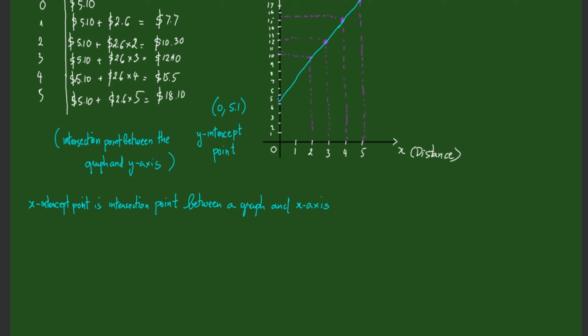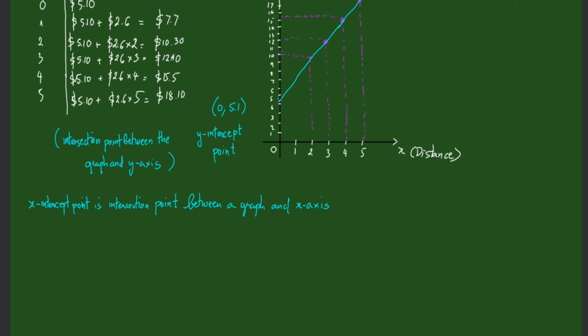Alright. Now what if I want to find the rate of change of this data, this graph? How do we find the rate of change? In order to find the rate of change, we're going to pick any 2 points on the graph, because I can name any point I want.